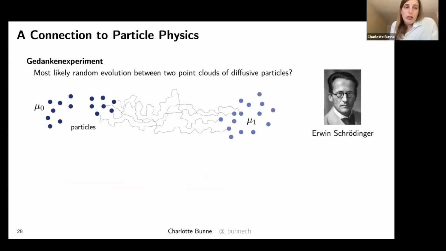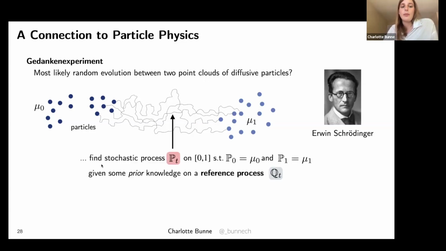This formulation, just a quick excursus, is known as a Schrödinger bridge. And this is because Erwin Schrödinger studied these processes in 1931, 1932 by going through a Gedankenexperiment on what could be the most likely evolution of 2 point clouds of diffusive particles. So now we want to find the stochastic process defined on 0 and 1 that connects my marginals, mu0 and mu1, given some prior knowledge on how the underlying process could look.